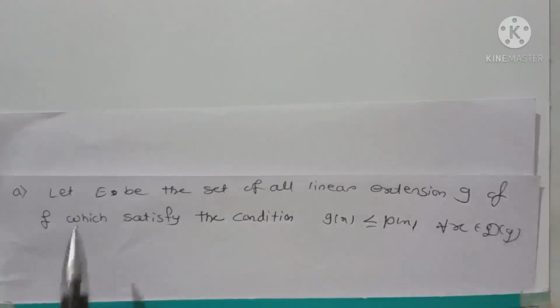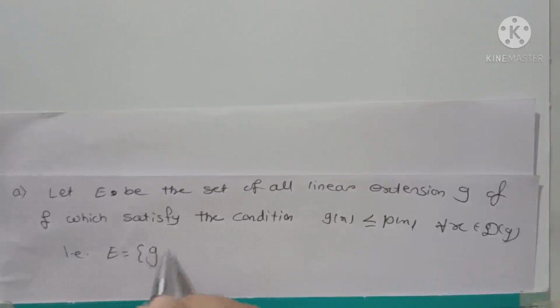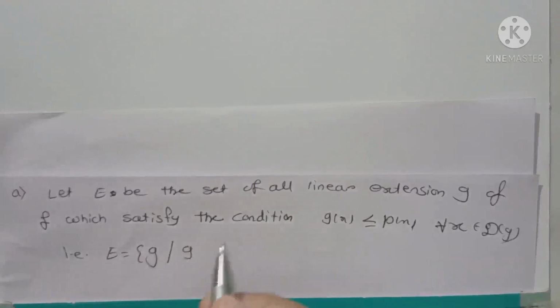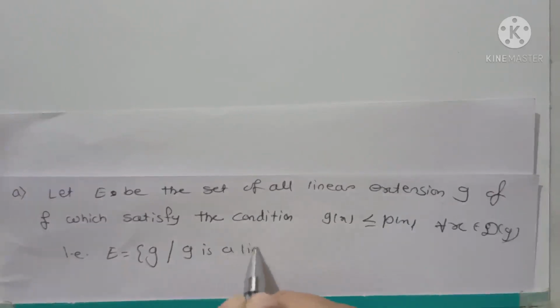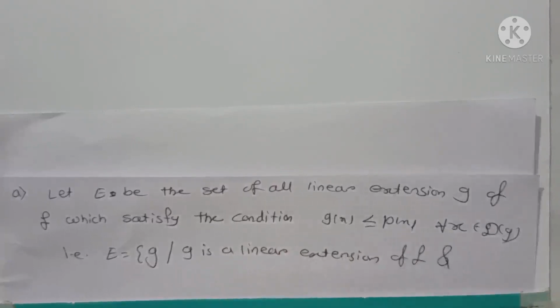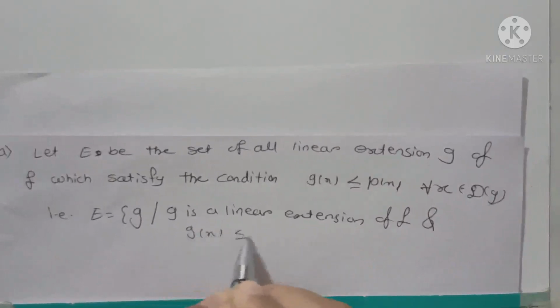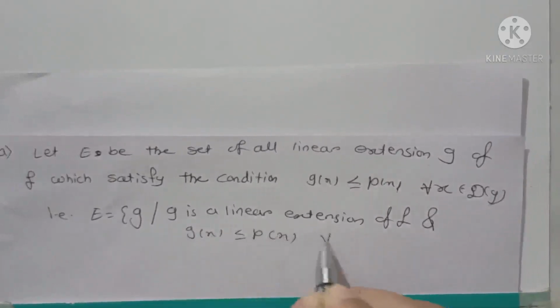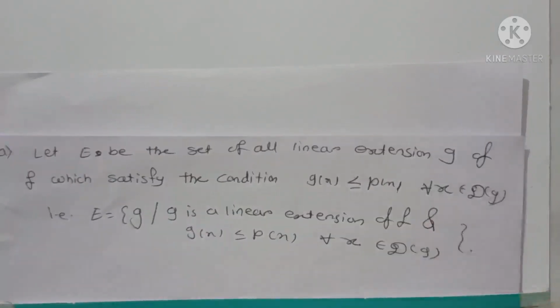That means we write down capital E as the set of all g such that g is a linear extension of f and it satisfies the condition that g of x is less than or equal to p of x for all x belonging to the domain of g. This is the set E.